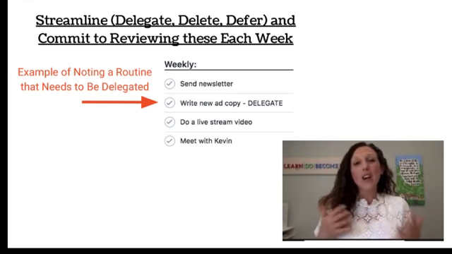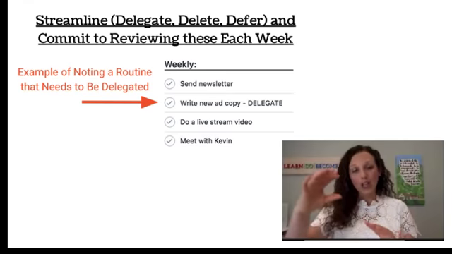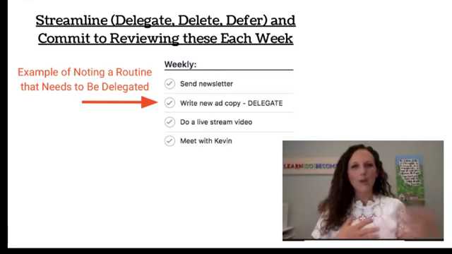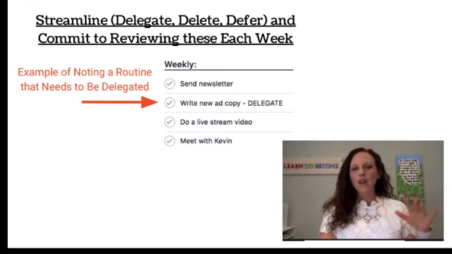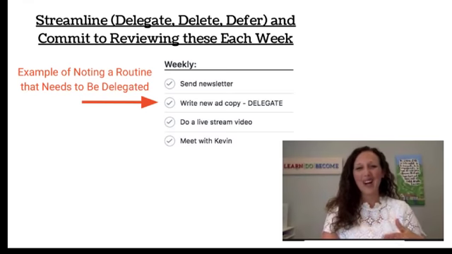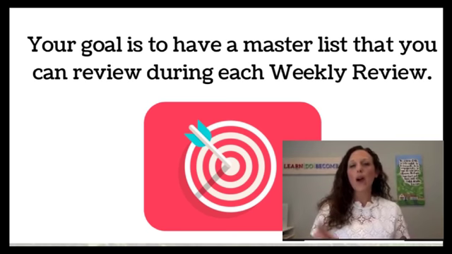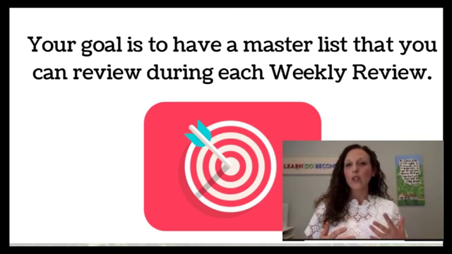She doesn't have to delegate them right now, and that can become a project, a task, or a conversation piece, and we'll talk more later about how that all works together. I also love the idea of writing delegate, or deleting the whole thing if you're tired of doing it. But the goal is that you have one master list that you can review during each weekly review.